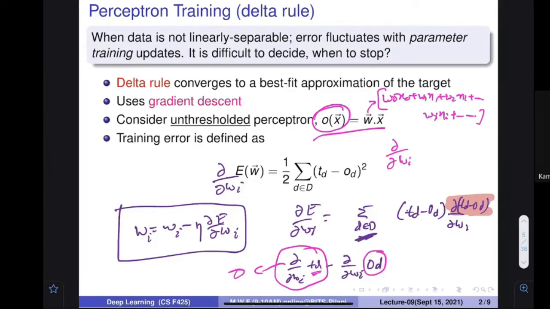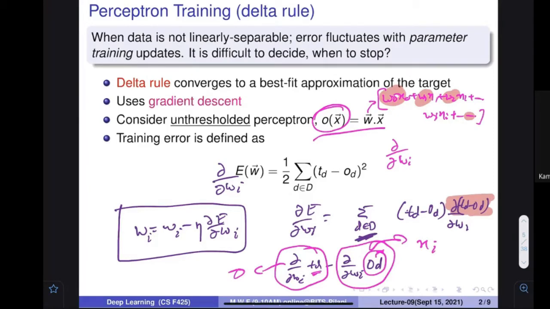I am not considering other things. Only for one variable I am going to see what happens. All these other things become constants, except this particular term, because only here do I get the Wi. When I differentiate there, what do I get? Xi. So the answer for this complete quantity is going to be Xi. Everybody is okay with me?